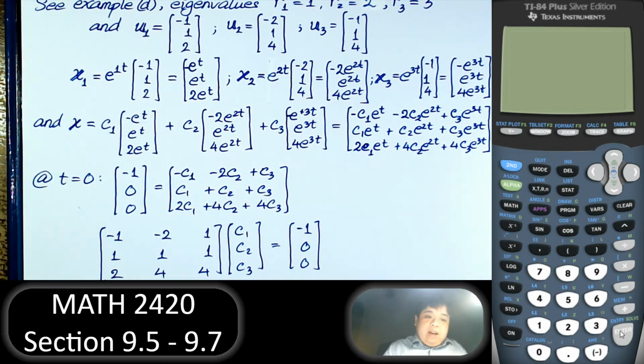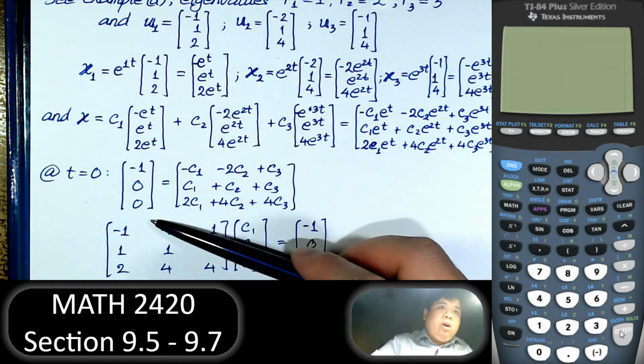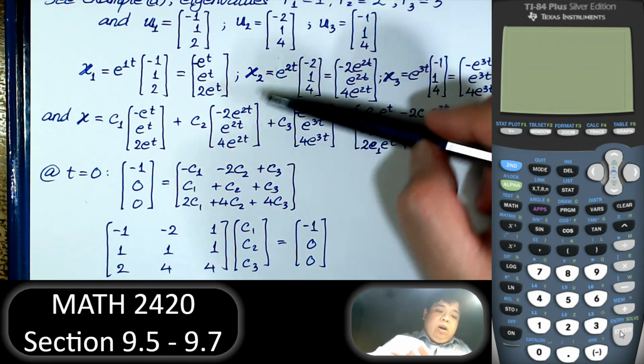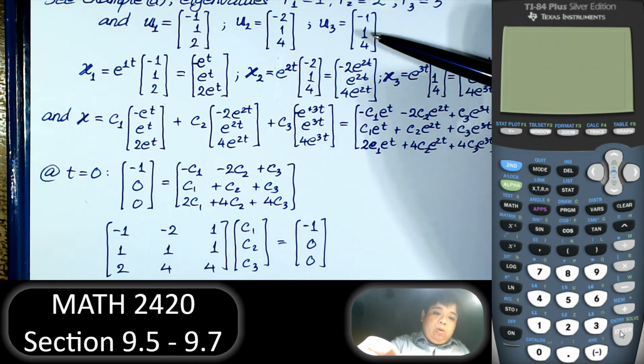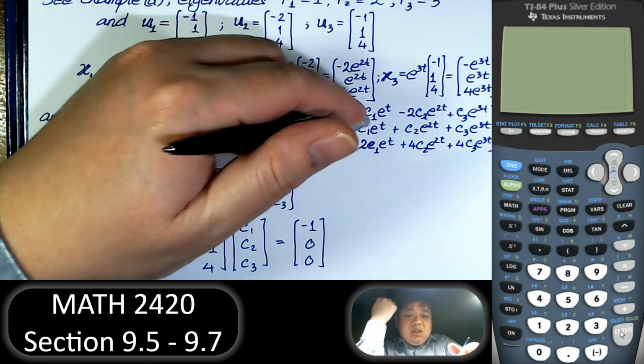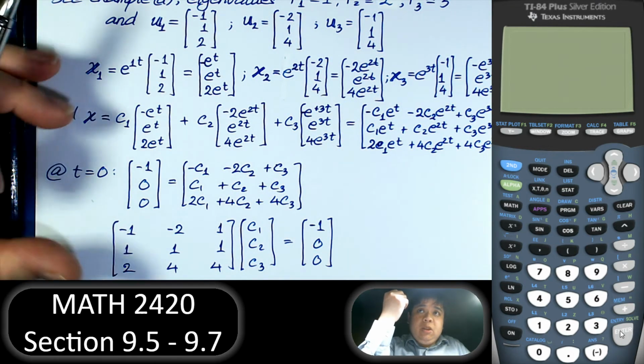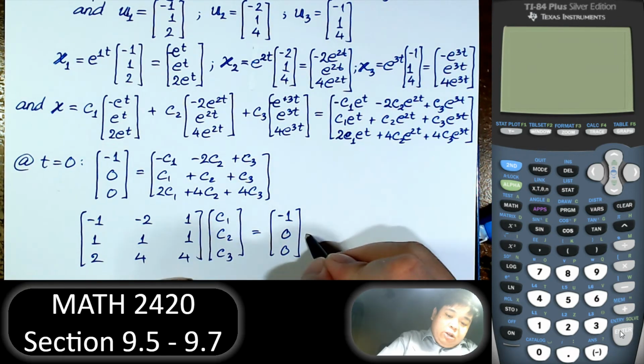Notice that what we have is negative 1, 1, and 2, negative 2, 1, and 4, negative 1, 1, and 4. So same as the eigenvectors here, because when t equals 0, e to the 0 is equal to 1.